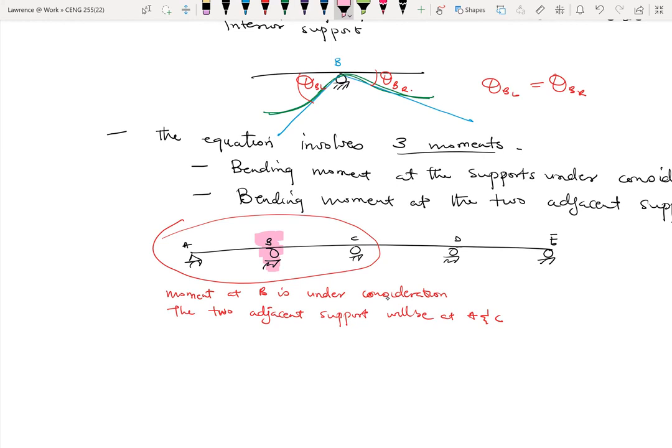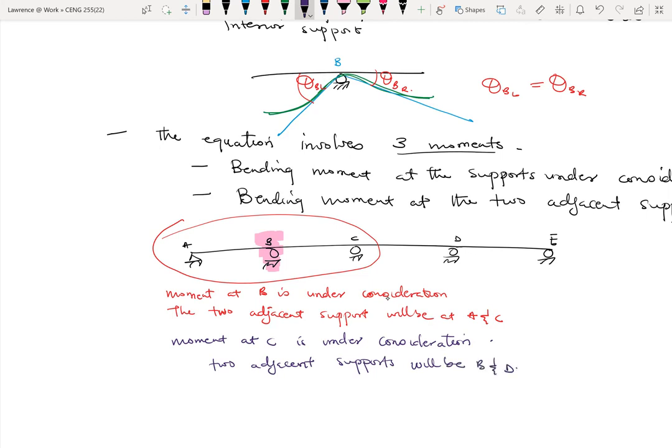So in that vein, if the moment at C is under consideration, it implies that the moments for the two adjacent supports will be B and D. Again, this is more or less what I'm looking at.